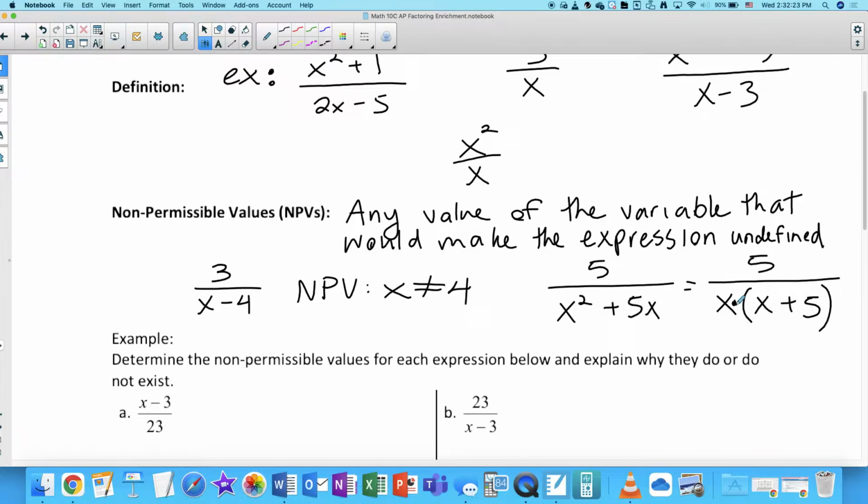If this factor is 0, what would x be? 0. So that's one non-permissible value. It can't equal 0, because if that guy's 0, we'd have 0 times 5, which is 0. What if this factor was 0? What plus 5 equals 0? Negative 5. So it can't equal 0 or negative 5.